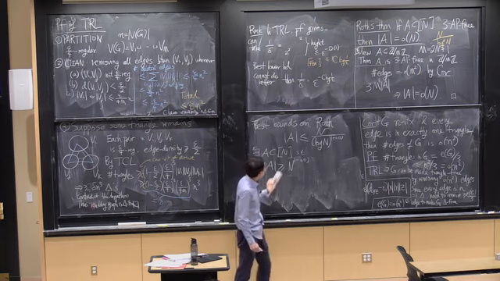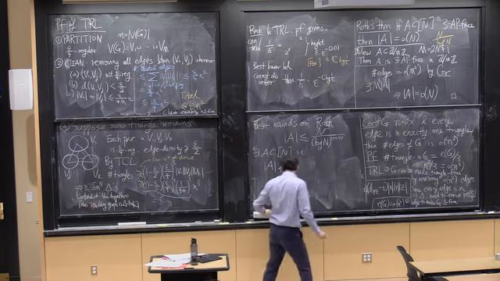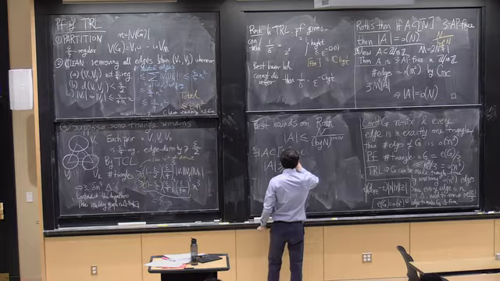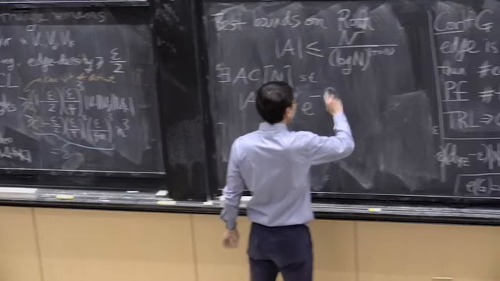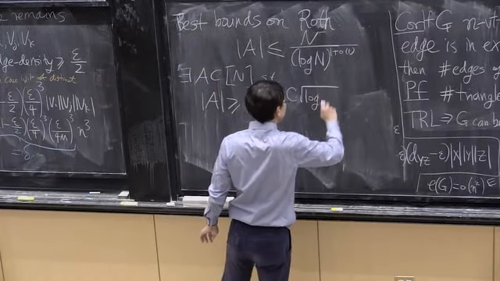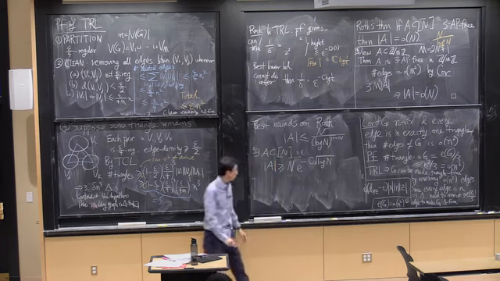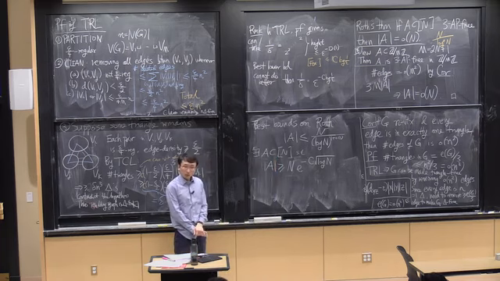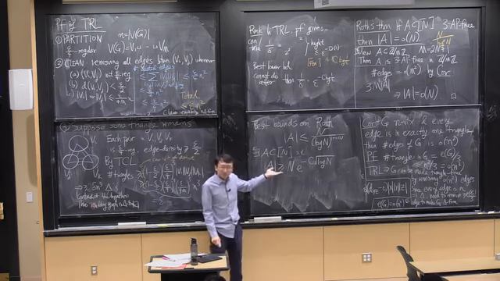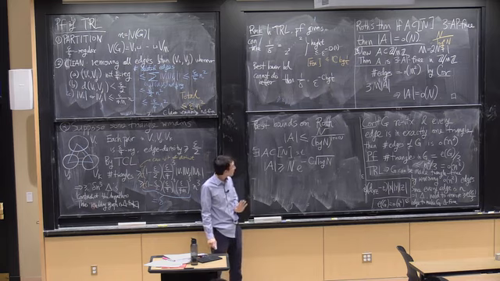Now, the bound that we'll see next time, so we'll see a construction which gives you a bound that is of this form. Okay, so it's maybe a little bit hard to think about how quickly this function grows, but I'll let you think about it.